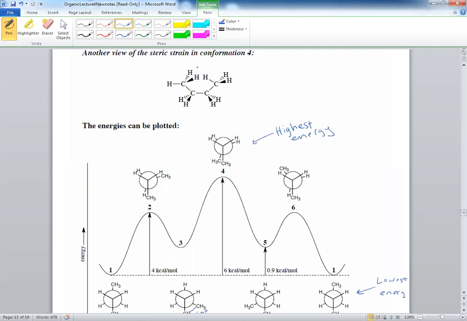So these, again, the electron clouds are bumping into each other right there. They are too close to each other. So here we say the two methyls are too close. And that's what we call steric strain.